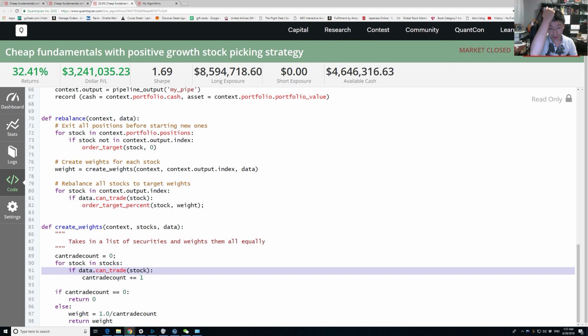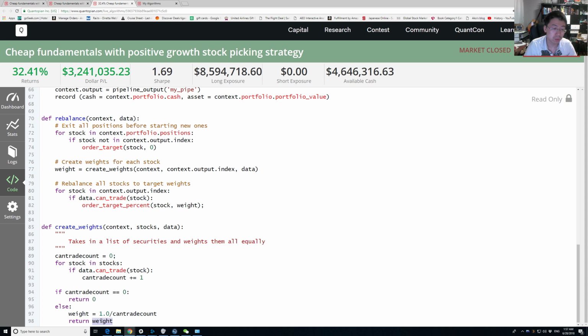Essentially, the output is going to be, among the companies that can be traded on that day, I want them equally weighted.